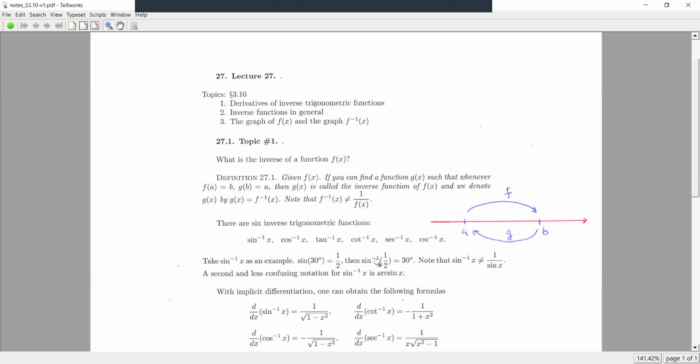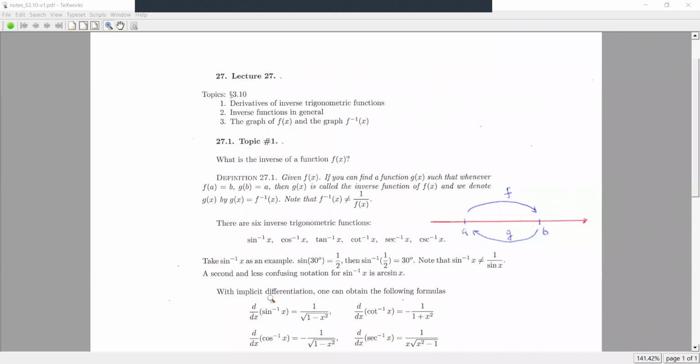Then inverse sine takes 1/2 back to 30 degrees. Namely, inverse sine of 1/2 is 30 degrees. Please note that inverse sine is not equal to 1 over sine. A second and less confusing notation for inverse sine is arcsine.